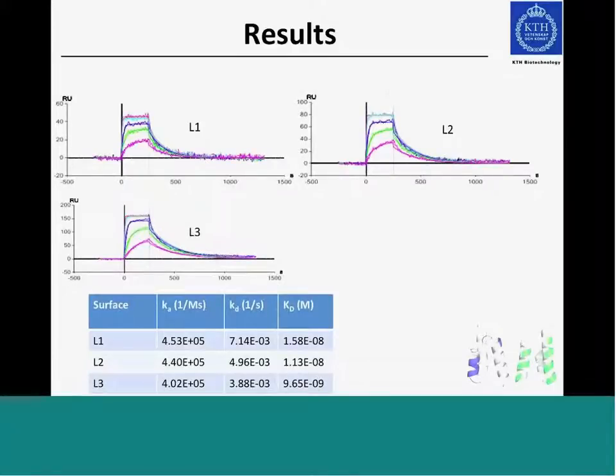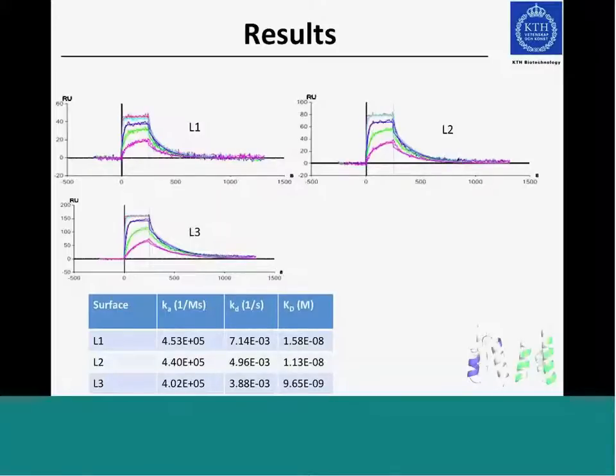So here in this example, we have taken two surfaces, and we have varied the amount of protein that we have immobilized. And this gives us different max responses, as you can see. But the data is quite reliable on all surfaces, and we get good overlaps when we do the evaluation, the kinetic evaluation in the software.